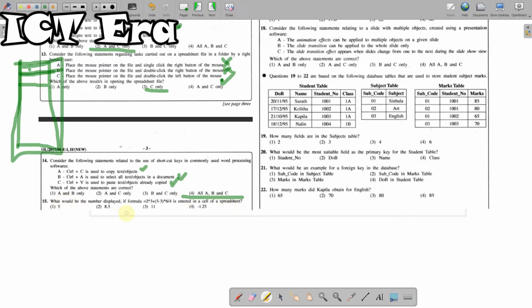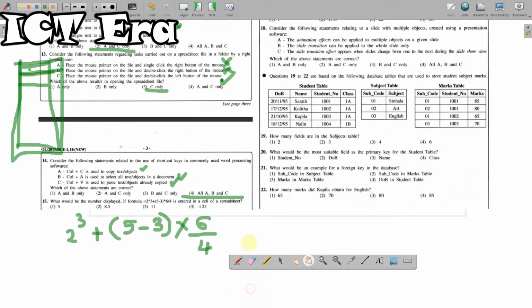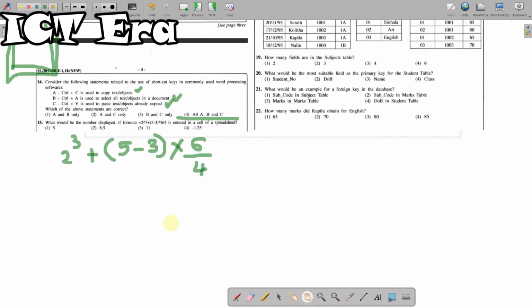The 15th one, what would be the number displayed by the formula. It is 2 to the power 3 plus 5 into brackets 5 minus 3 multiplied by 6 divided by 4. So now you know there are some rules that we have to follow when doing such questions. So what is that rule?